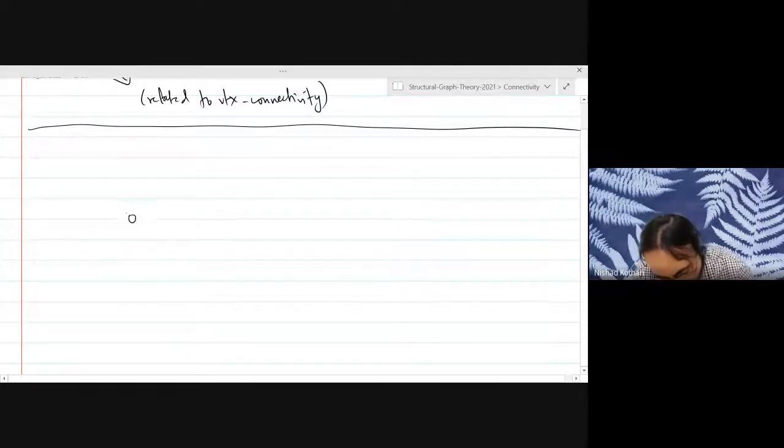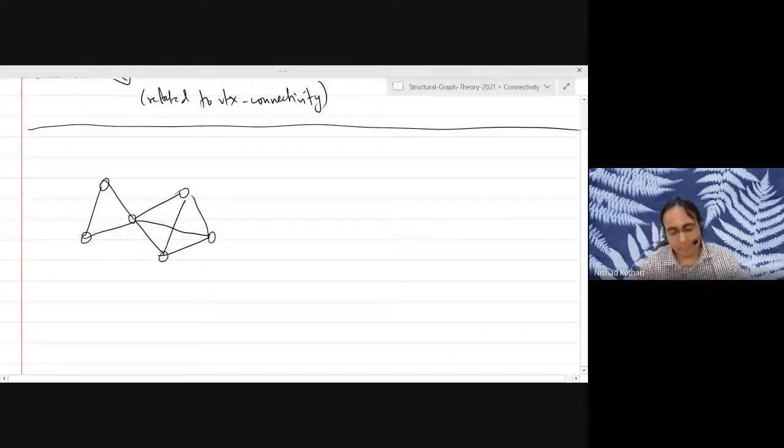Consider the following graph. And consider this vertex. Notice that this vertex, if you delete it, then your graph disconnects. Right? Such a vertex, we are going to call it a cut vertex.